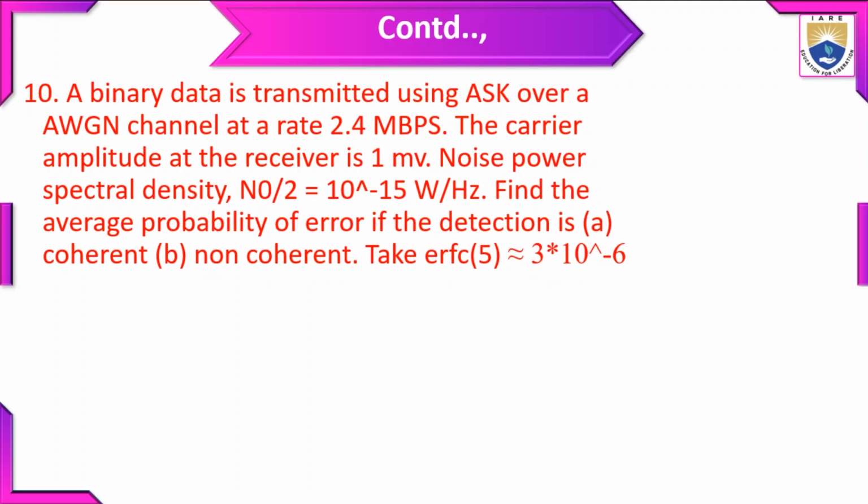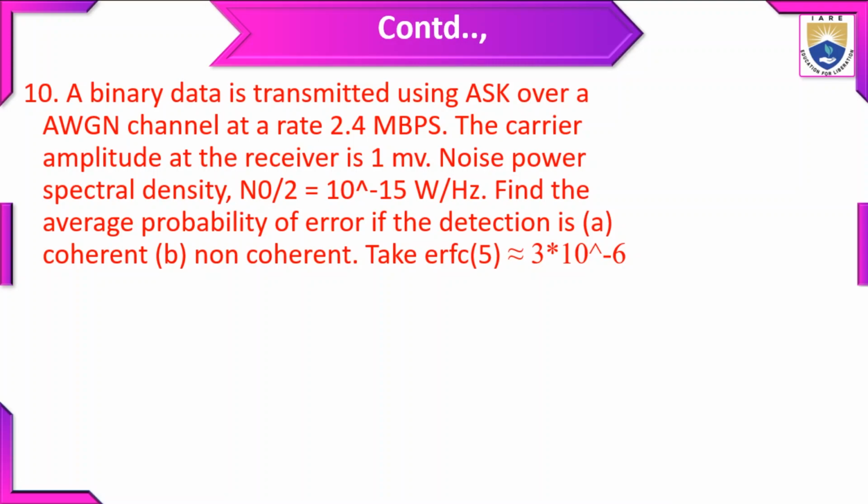Coming to the 10th problem. A binary data is transmitted using ASK over an AWGN channel at a rate 2.4 Mbps. The carrier amplitude at the receiver is 1 millivolt.